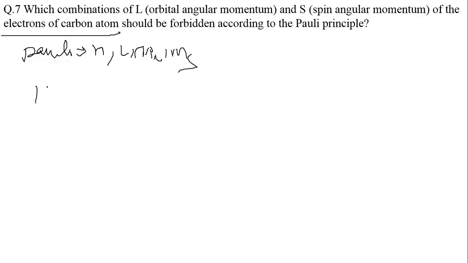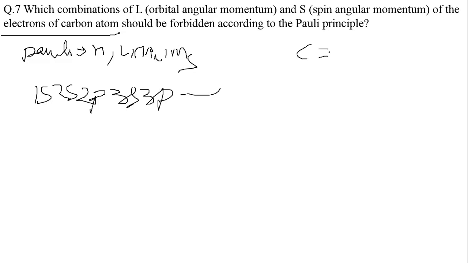So it is 1s, 2s, 2p, 3s, 3p, like that. For carbon, the atomic number is 6. So two electrons will be in 1s, two electrons in 2s, and two electrons in 2p.